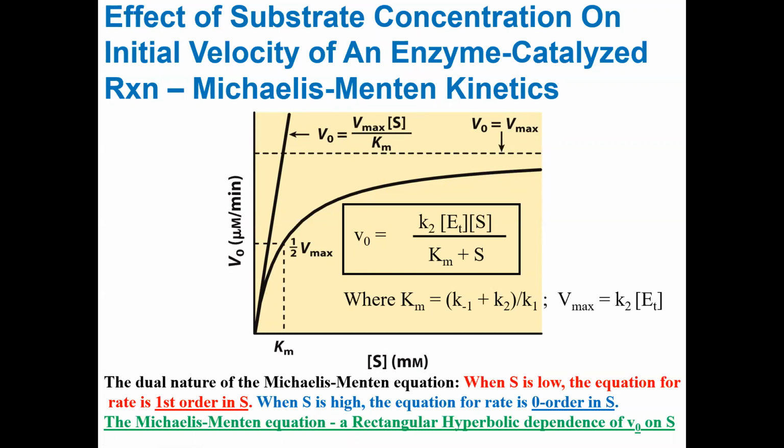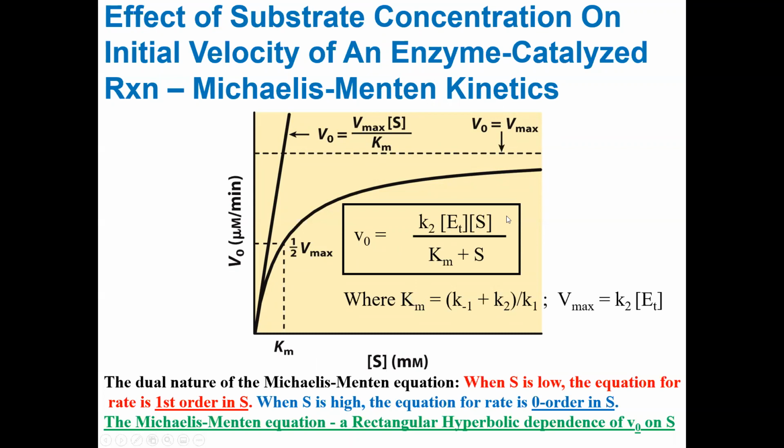If Km is 5 millimolar, and if you are using 25 millimolar of substrate concentration, then you are operating under Vmax conditions, where rate will not depend on the concentration of substrate because you have achieved Vmax status.